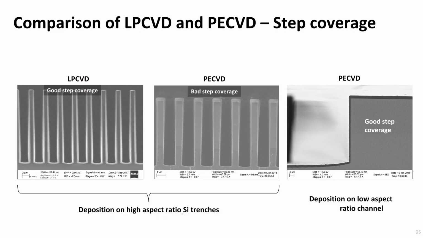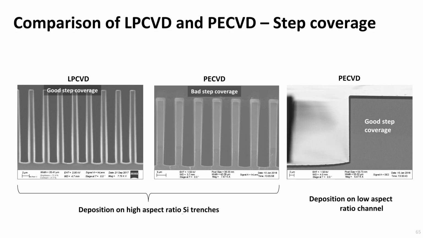The SEM image shows two profile images of high aspect ratio trenches in silicon. They have been covered with silicon nitride and silicon oxide from the LPCVD furnace and the PECVD, respectively. The LPCVD process has covered the trenches very nicely with uniform thickness in the bottom and the top.